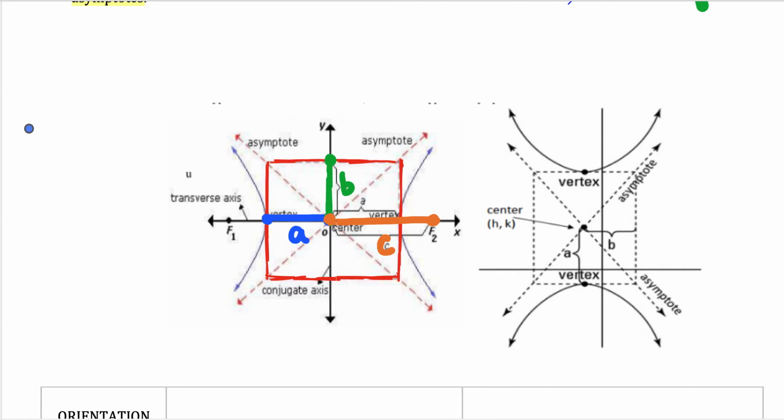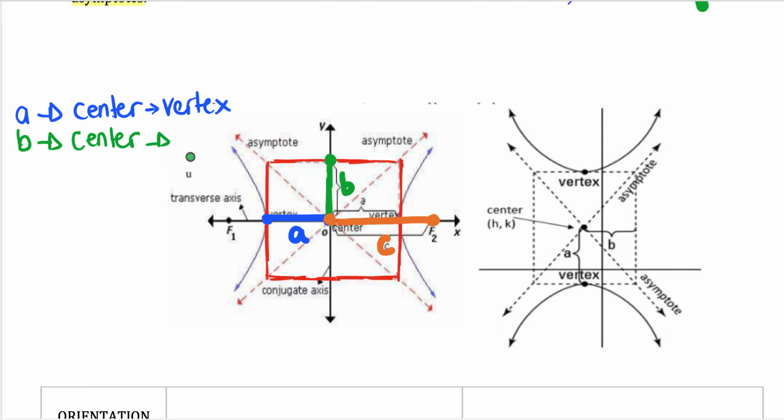So again, A is from the center to the vertex. B is from the center, everything's from the center, to the co-vertex.